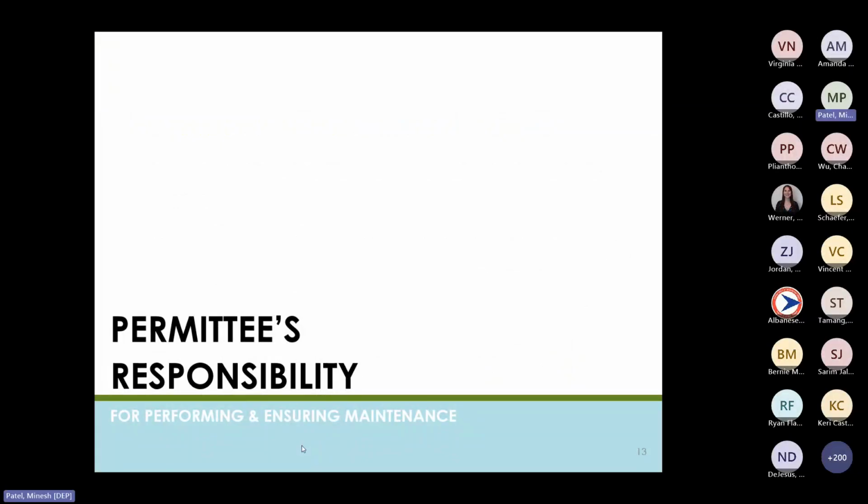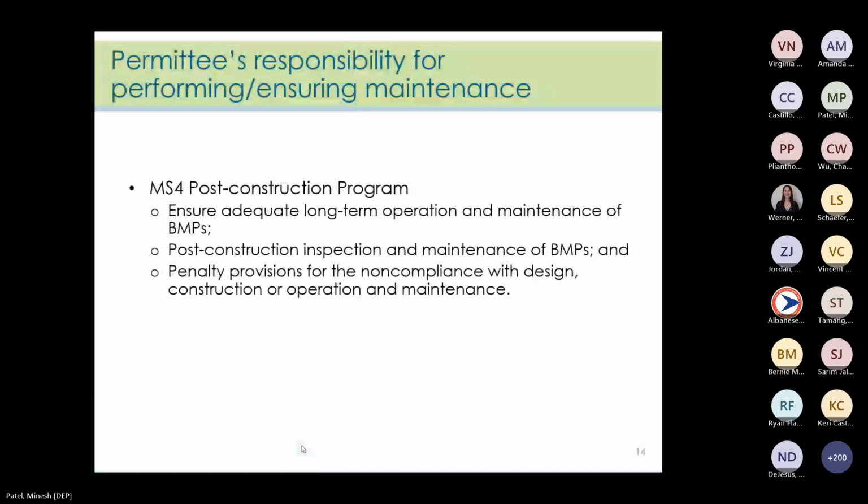Well, then what are the permit requirements regarding maintenance of stormwater BMPs? As was previously mentioned, the Tier A, public complex, and highway agency permits require that the permittee ensure that adequate cleaning, long-term operation, and maintenance of BMPs are taking place.